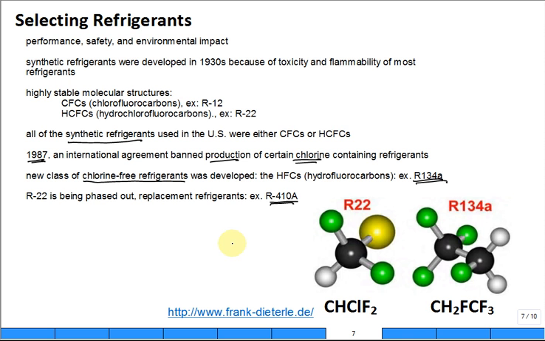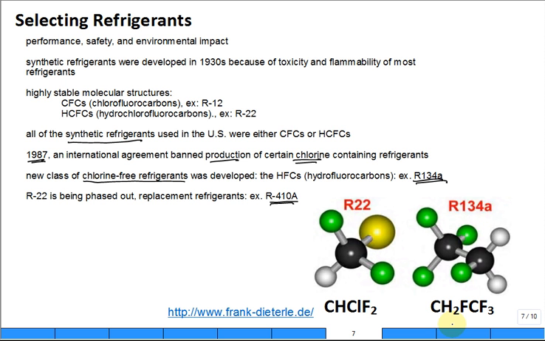So just take a look at what they look like. You can tell this one, R22, has a carbon, a hydrogen, a chlorine, and 2 fluorines. And it looks like methane. So the C, the carbon, is surrounded by 4 things. 1 is a hydrogen, 1 big chlorine sitting out here, and then 2 fluorines. This is another illustration of 134A.